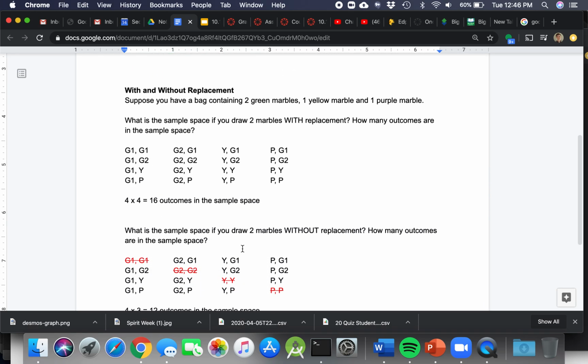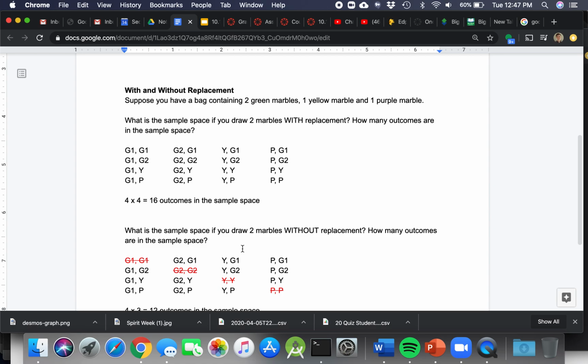Now, with and without replacement. So this will most often come up with like picking marbles out of a bag, but there might be other scenarios where they use this language. So the situation, suppose we have a bag containing 2 green marbles, 1 yellow marble, and 1 purple marble.